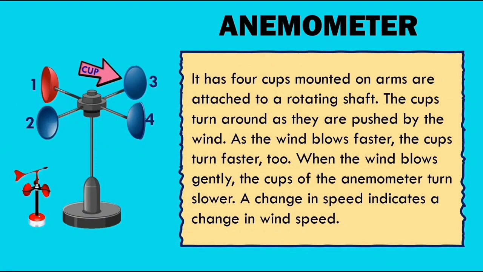An anemometer has 4 cups mounted on arms, attached to a rotating shaft. The cups turn around as they are pushed by the wind. As the wind blows faster, the cups turn faster too. When the wind blows gently, the cups of the anemometer turn slower. A change in speed indicates a change in wind speed.